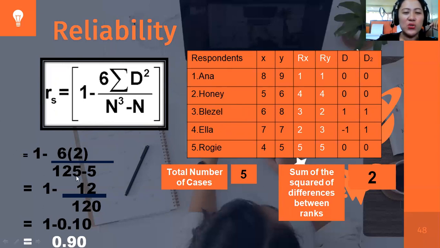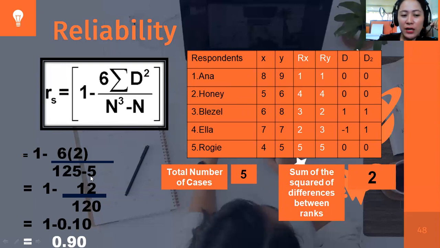So let's try to use this formula. Our coefficient is 1 minus 6 times 2, over 5 cubed minus 5. The sum of the squared differences is 2. So 6 times 2 over 5 cubed: 5 times 5 equals 25, times 5 equals 125.